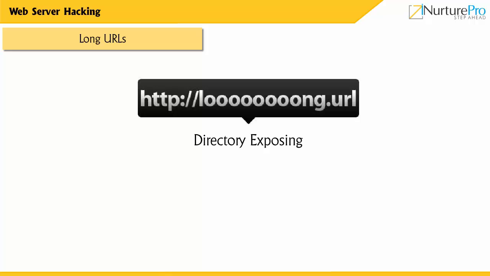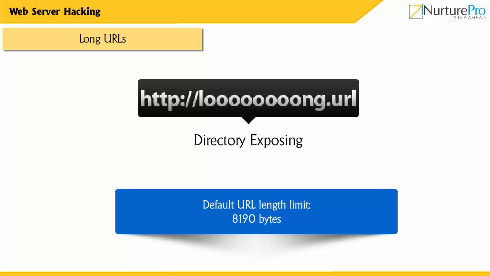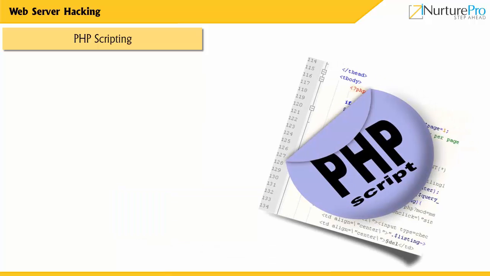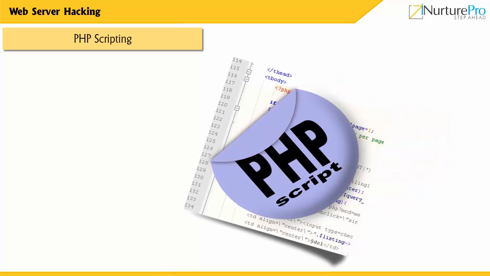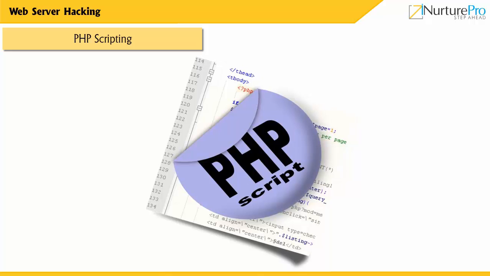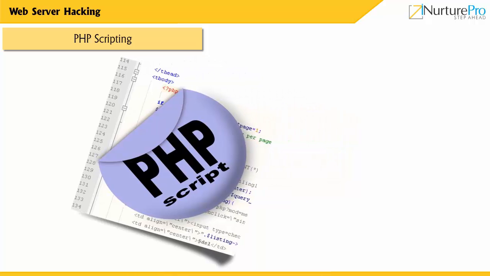Lengthy URLs cause the risk of servers exposing their directory listings. The default limit for the length of the request line made to an Apache server is 8190 bytes. PHP scripting language is generally used in Apache servers. It is also used in conjunction with HTML for web page development.